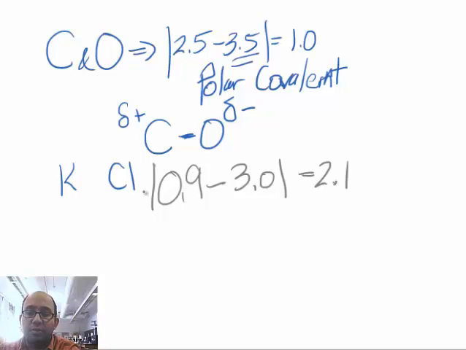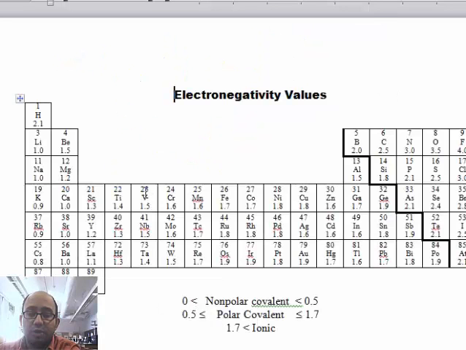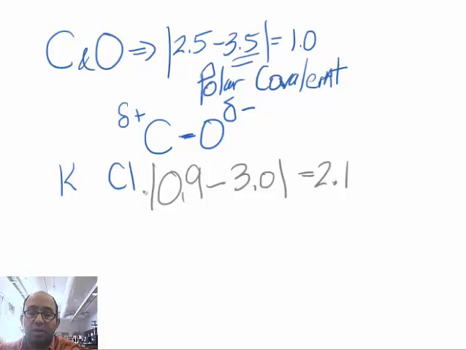Okay, so when you look on that table, you will notice that 2.1 means it's ionic. So you write ionic.